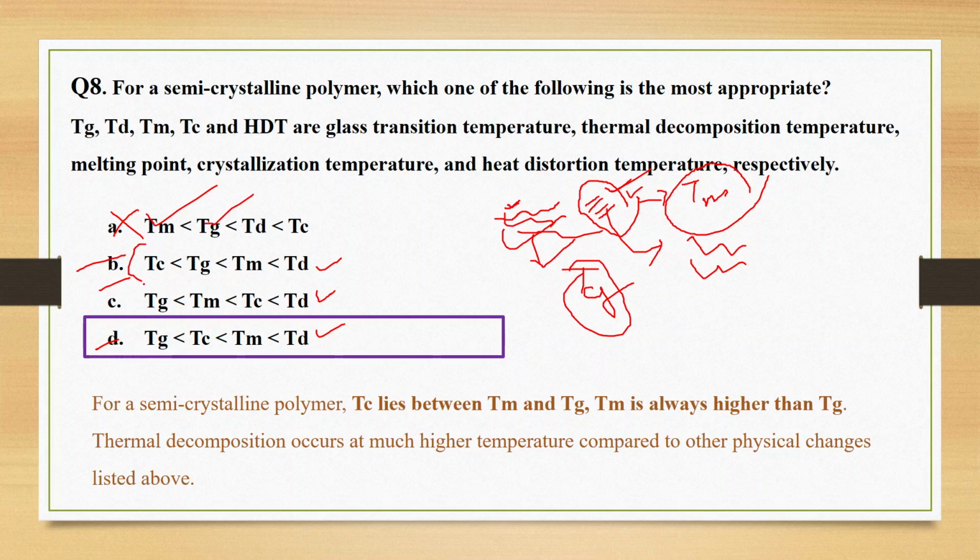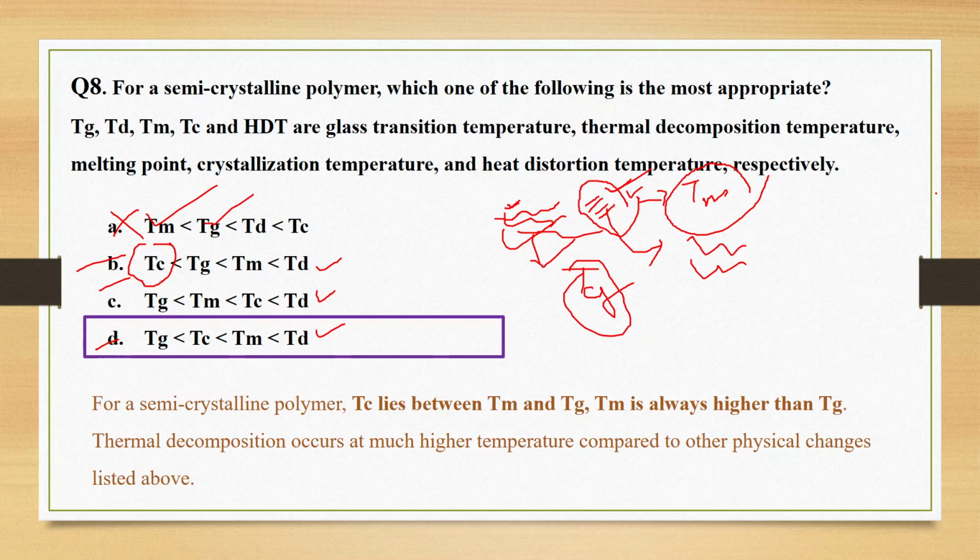Now we come to this particular temperature, that is crystallization temperature. Professor Dhara has mentioned this in his class as well. What is this crystallization temperature, or there is a process known as annealing, that is, you try to impose some amount of crystallinity in an amorphous polymer by increasing the temperature.